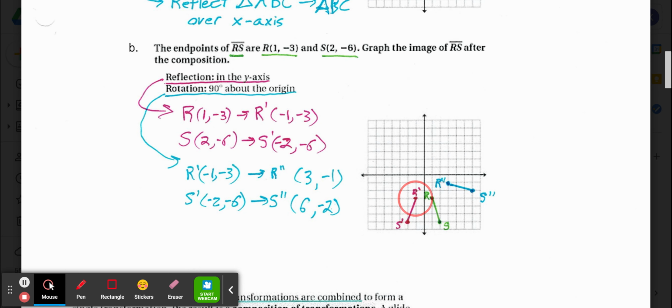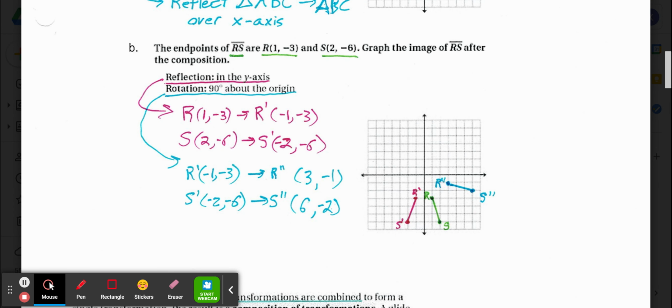Then we need to rotate that 90 degrees about the origin. We're taking R prime and S prime, following the rules of rotation about the origin, which means we flip our coordinates: what was our original y coordinate is now x, and we change the sign, and our original x coordinates move to our y coordinates and keep the same sign.